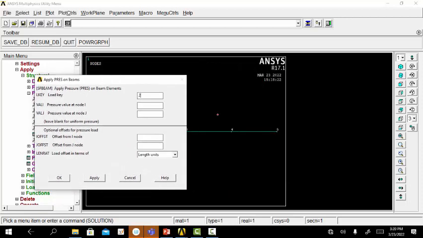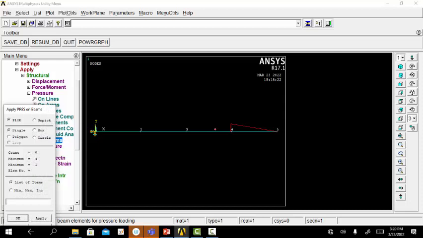So in the element 4,5 at the ith node, that is at the 4th node, the value of the uniformly varying load is 40.58 Newton per meter, and at the jth node 0. So on the right hand side it is getting varied. The value at the jth node is 0, from which it is uniformly varying, and at the point 4, that is the ith point of the last element, it is 40.58 Newton per meter. Okay, apply.